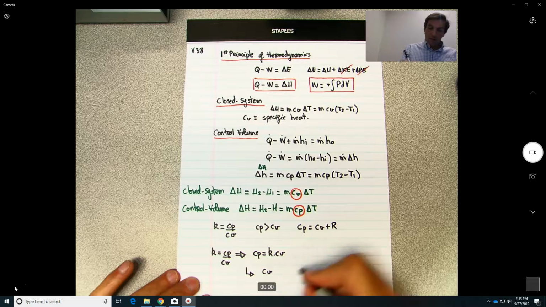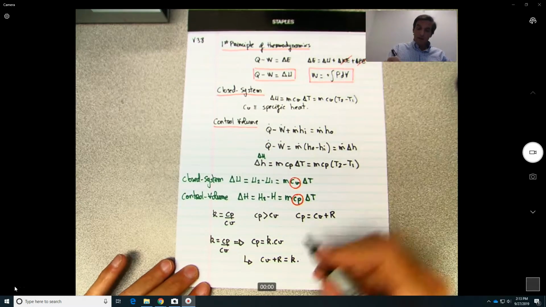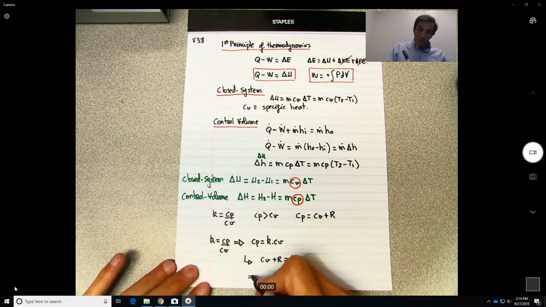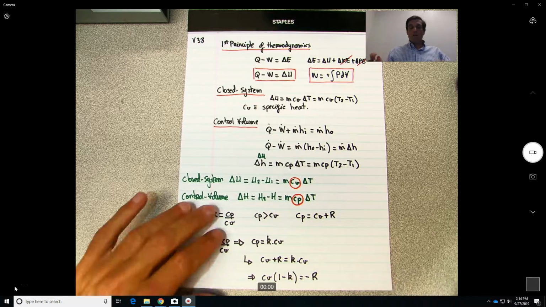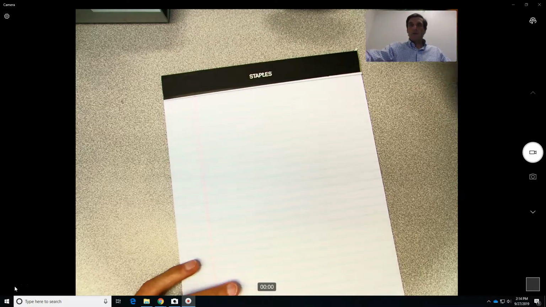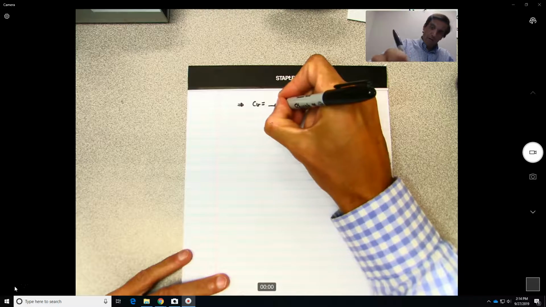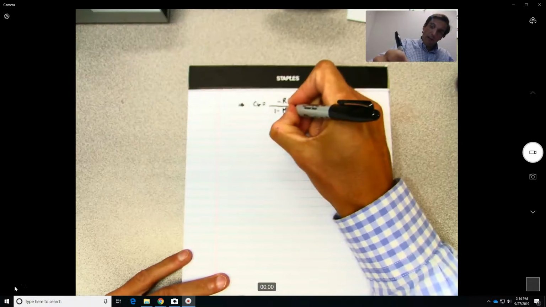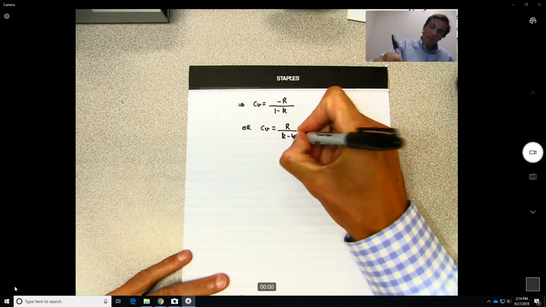We have C sub V plus R equal to k C sub V. So this would give you C sub V times (1 minus k) equal to minus R. Or, when I go to the next page, we will have that C sub V is equal to minus R over (1 minus k), or C sub V will be equal to R over (k minus 1).